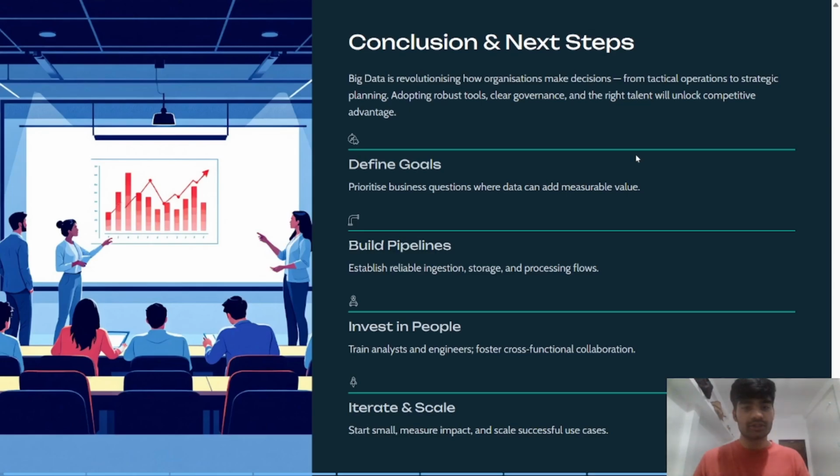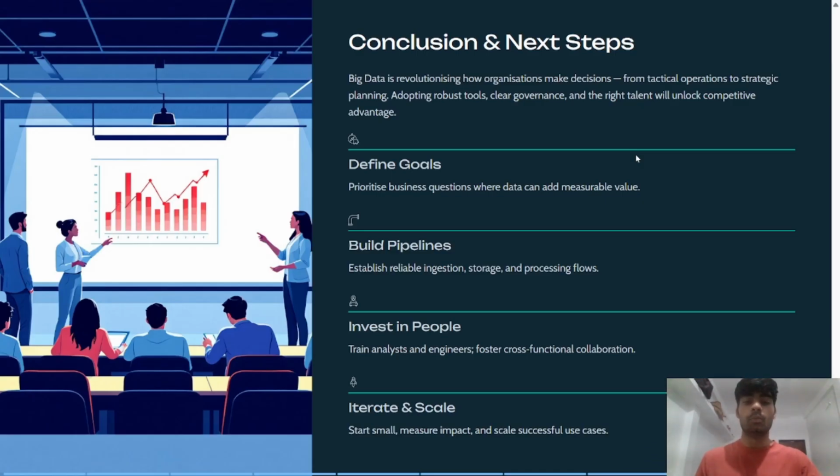Now, to conclude, big data is not just a buzzword, it's a revolution in how businesses make decisions. By analyzing massive amounts of information, companies can understand customers better, predict future trends, and improve efficiency.